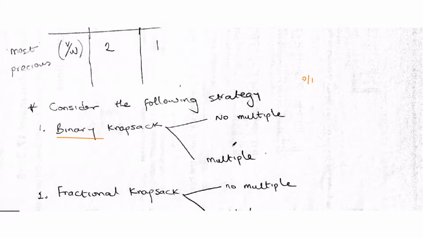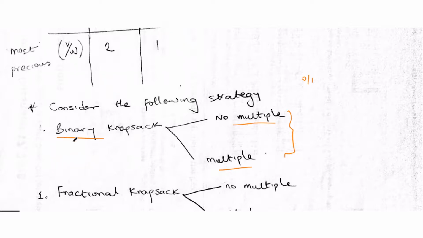Even with the binary knapsack, we still have two variants. We have the no multiple and the multiple.